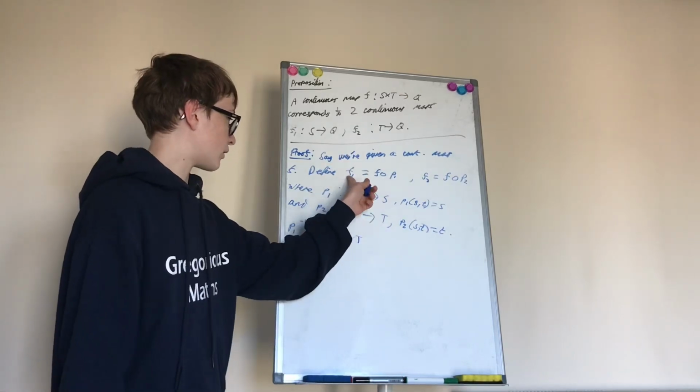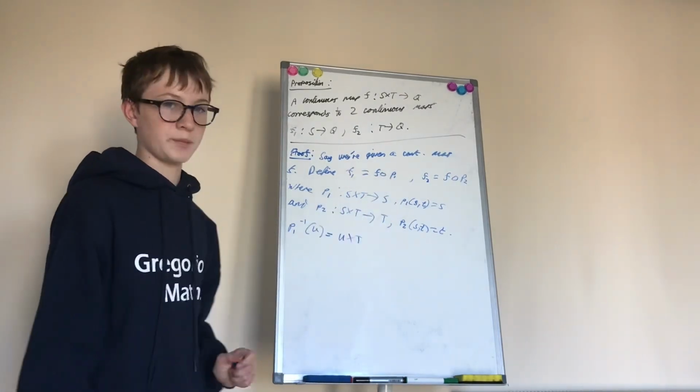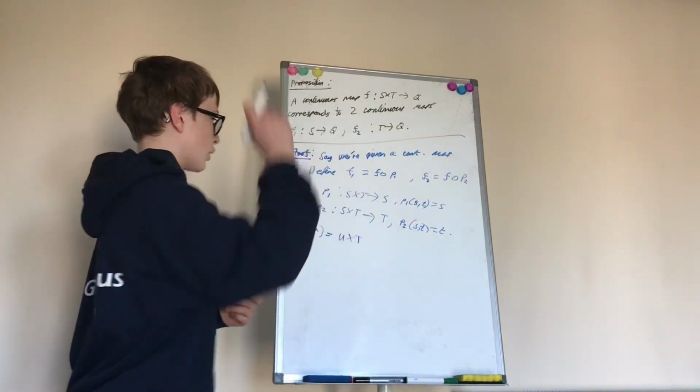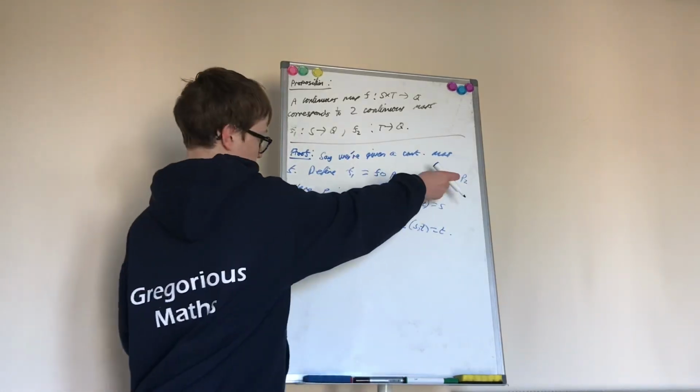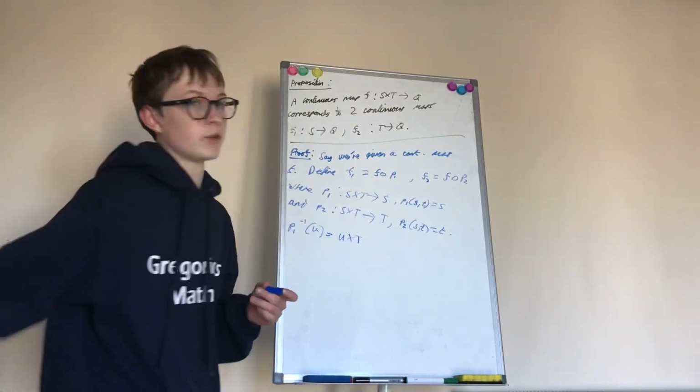F1 is a composition of two continuous functions, hence F1 is continuous. And of course you can use the same reasoning to prove that F2 is continuous.